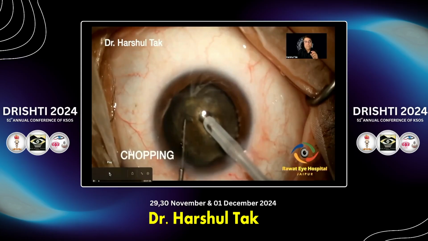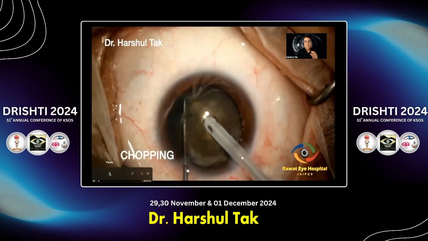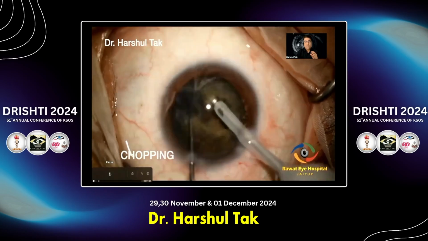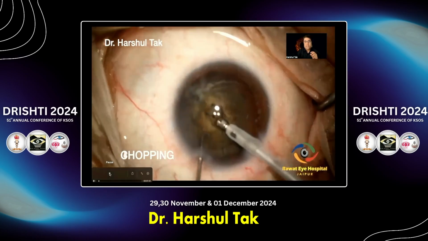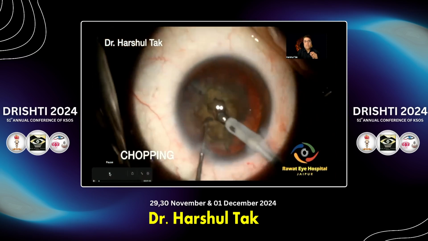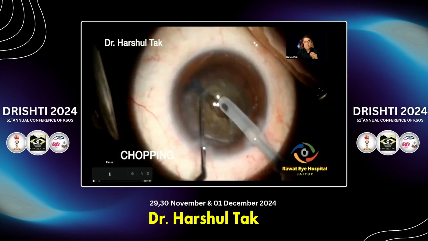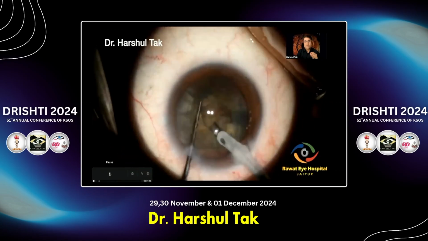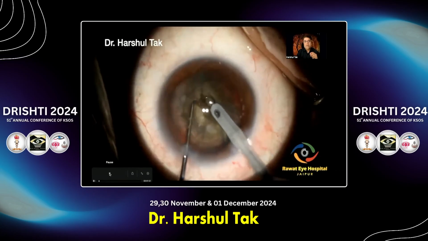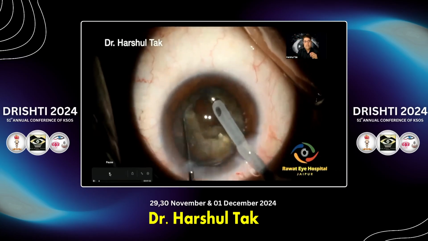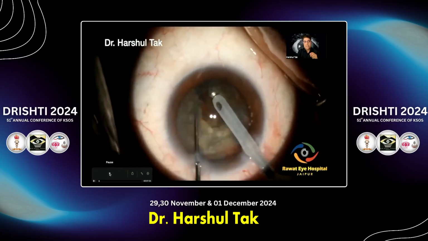So now after drilling, I'm holding the nucleus and chopping the entire thickness of the nucleus all the way down. As you can see here, I rotate the nucleus 180 degrees, hold it on the other side, and complete this crack.